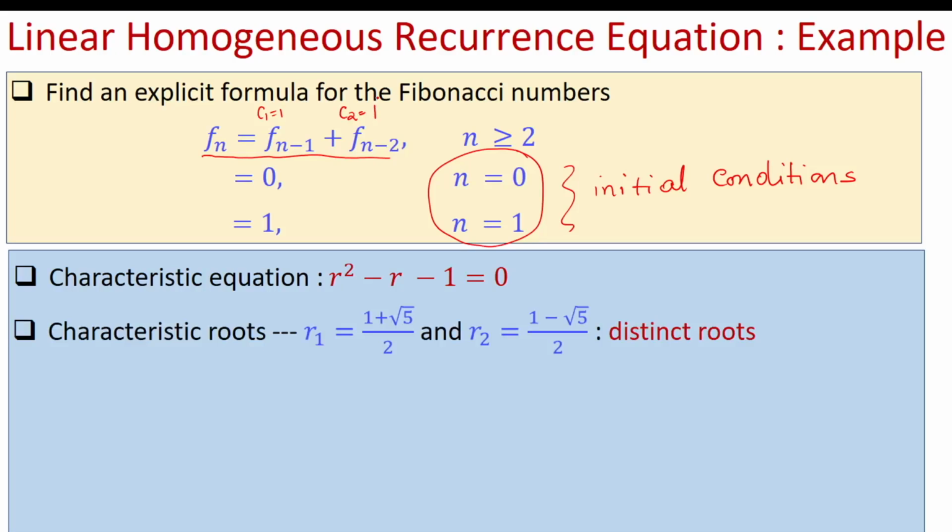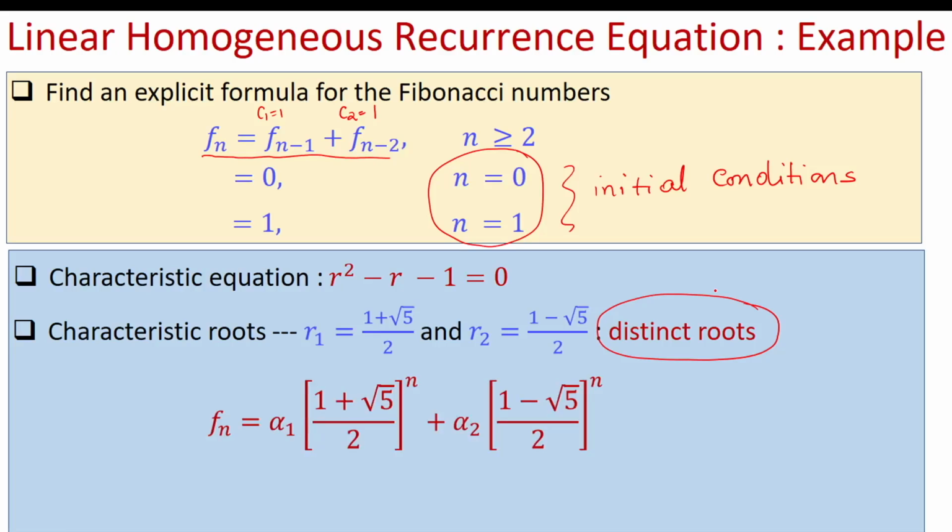Now if I solve the characteristic equation and find the characteristic roots, I see that I obtain two distinct roots. That means I can apply the theorem that we have discussed in this lecture. What I will say is that any sequence whose nth term is of this form will satisfy the recurrence condition.